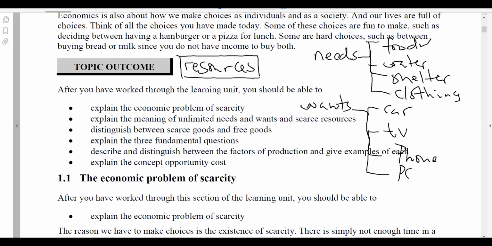Yes, it's very true. In terms of resources, we have got land. It's a resource. For us to produce food, we need land, right? For us to produce maybe clothing, to have clothes that we're wearing, they need to be grown, is it, in a piece of land? So we need land. So land is a resource.